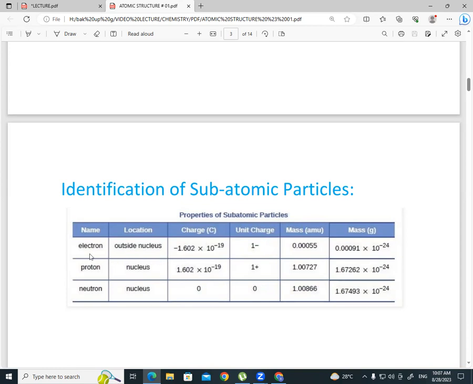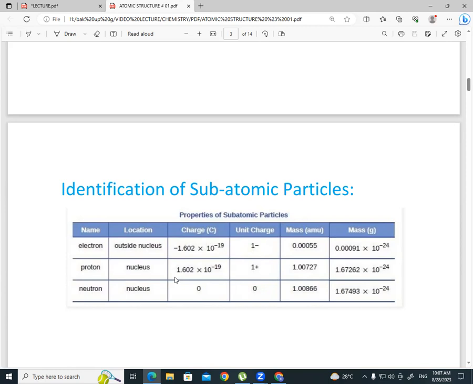First, the electron. The electron resides outside the nucleus. It rotates around the nucleus in an orbit, shell, or energy level, while proton and neutron are found inside the nucleus.